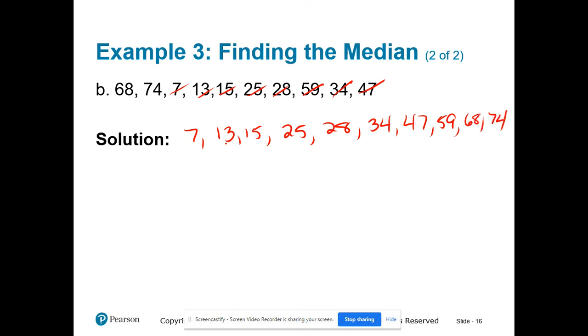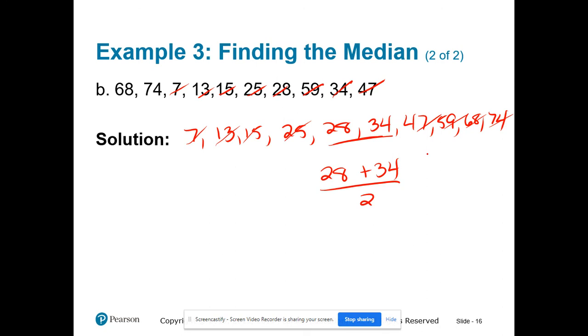Count the number of numbers: 1, 2, 3, 4, 5, 6, 7, 8, 9, 10. There are 10 numbers. So to find the middle number, we look at the middle 2 numbers. We're going to find the mean between 28 and 34.